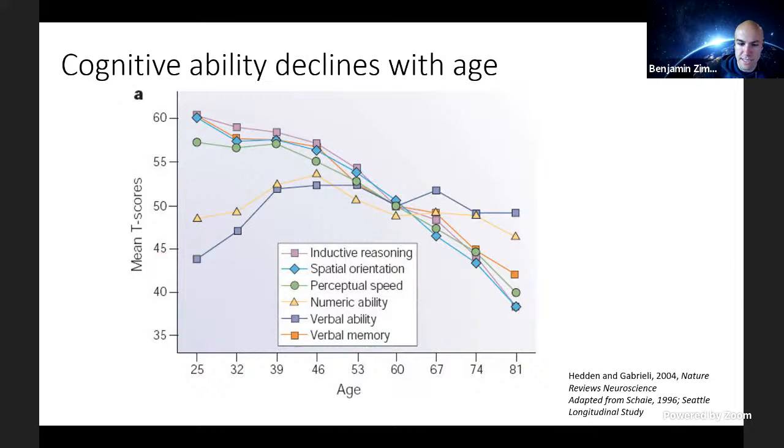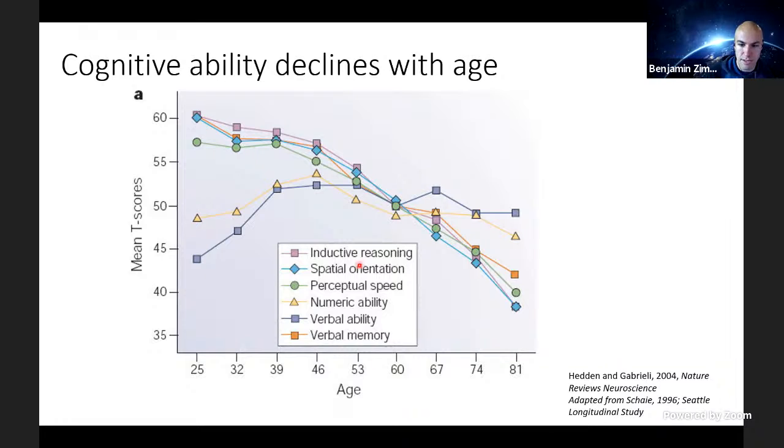And what you usually see in these cross-sectional figures is some separation between cognitive domains that are considered part of crystallized intelligence. So these things such as verbal ability and numerical ability. These are supposed to reflect the accumulation of knowledge and skills that you've learned and practiced throughout life.